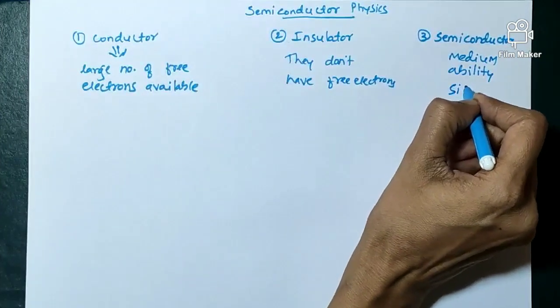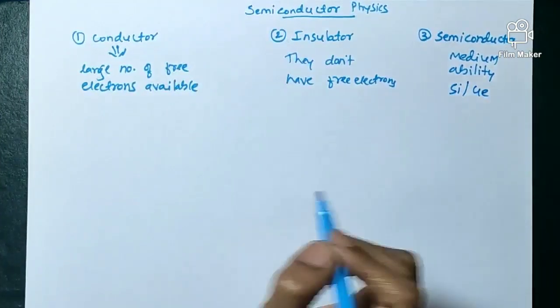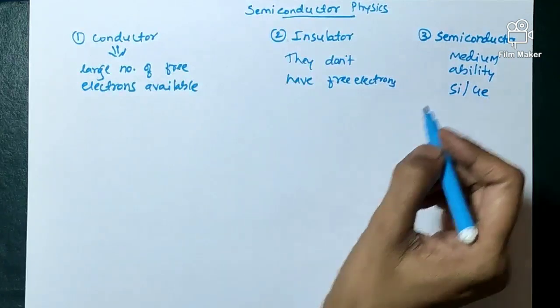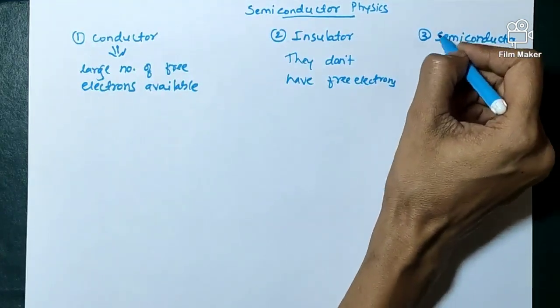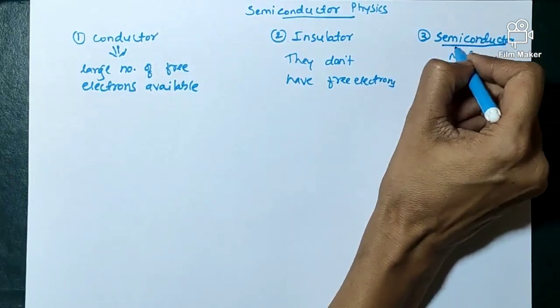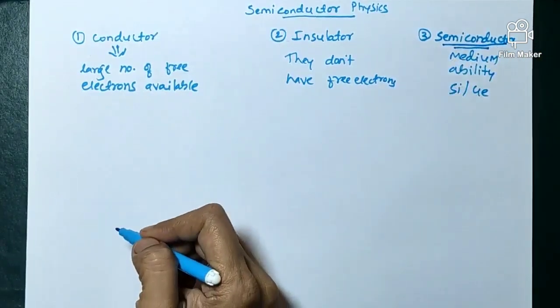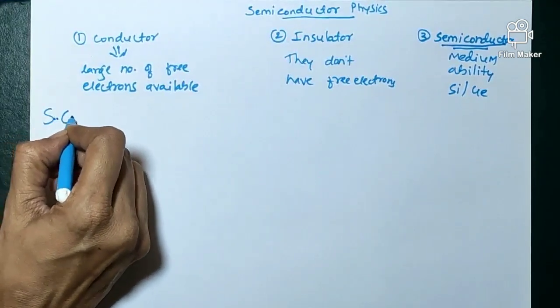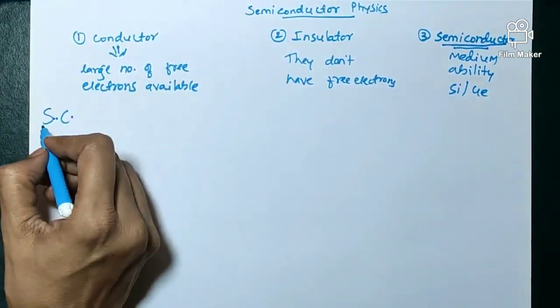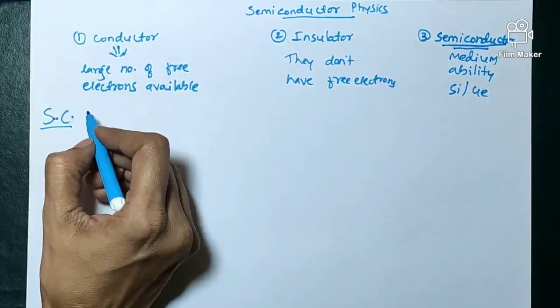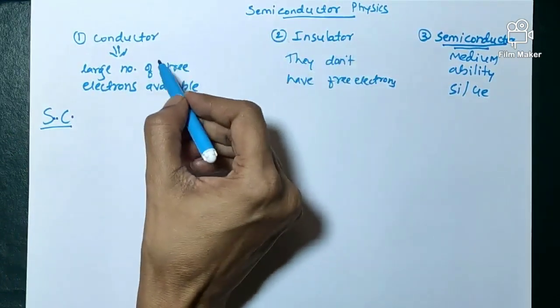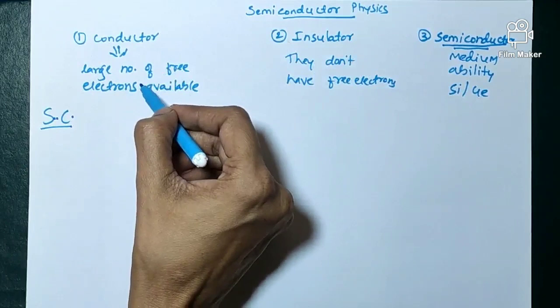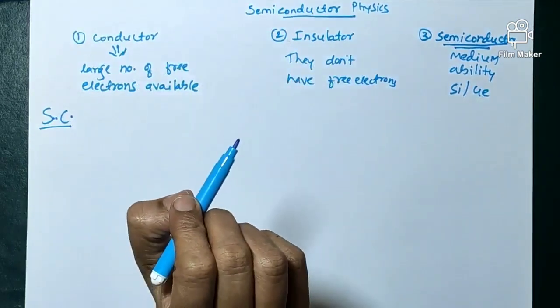Examples are silicon or germanium. So now in this chapter we are going to focus on these semiconductors. We define semiconductors as the materials whose electrical properties lie between the conductor and the insulator.